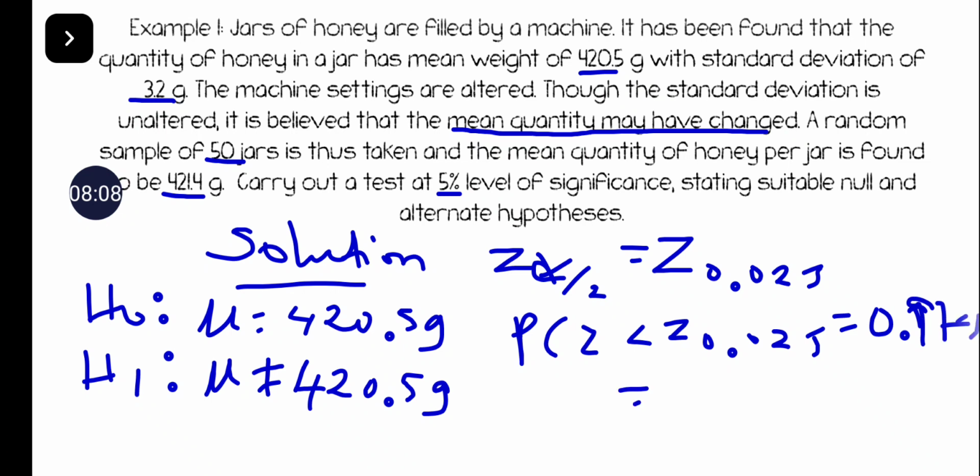But when you go to our table to obtain the critical value, we see that the value for z 0.025 at a probability of 0.975 is 1.960. So this one is the critical value that we're going to use to test.